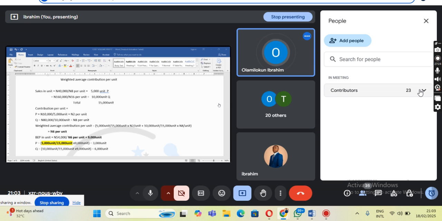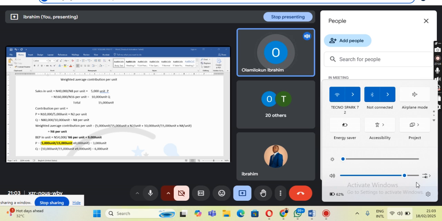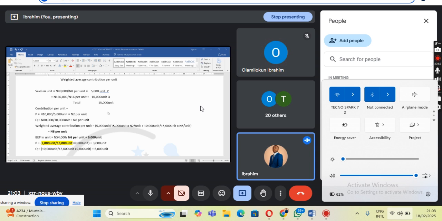For the BEP of multiple products, if we want to get the break-even point in units, is the formula fixed cost over the weighted average contribution per unit? Because the one that we are familiar with before, for the single product, is fixed cost over contribution per unit. Okay, that is just the difference, yes.